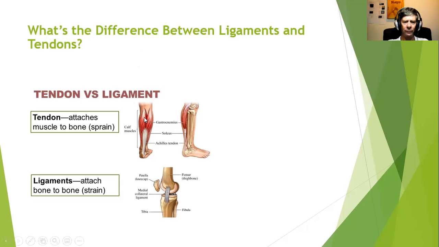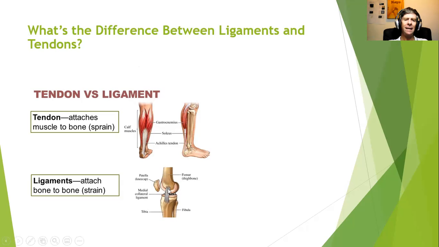There's my little cursor. So there's your calf muscle going into the Achilles tendon, which attaches to the heel bone or the calcaneus. That's the fancy term for it. So from the side, there's your calf, Achilles tendon attaching to the bone.